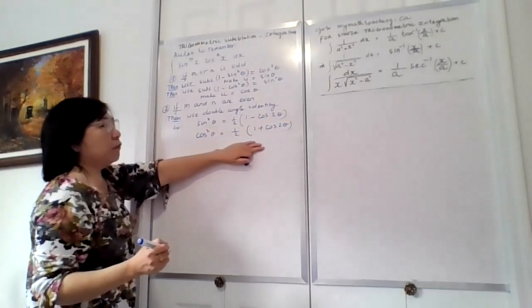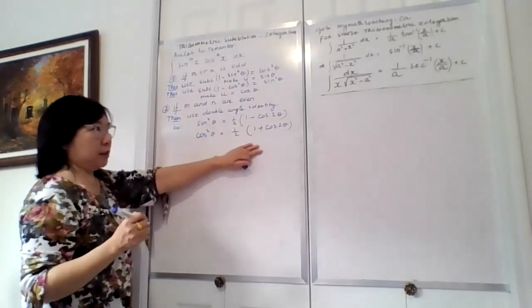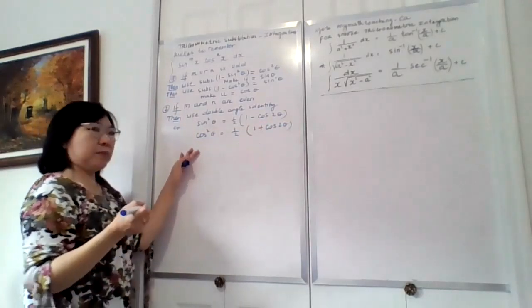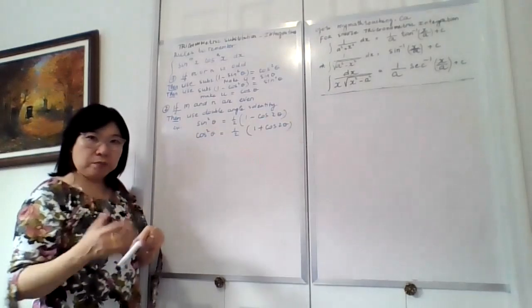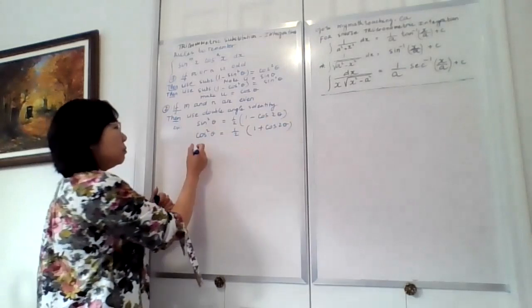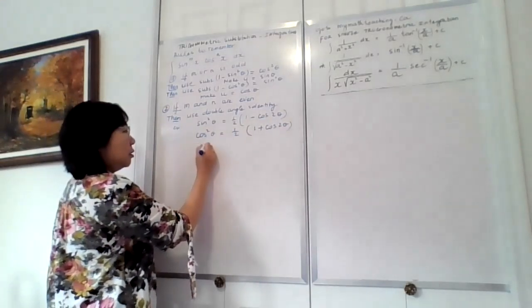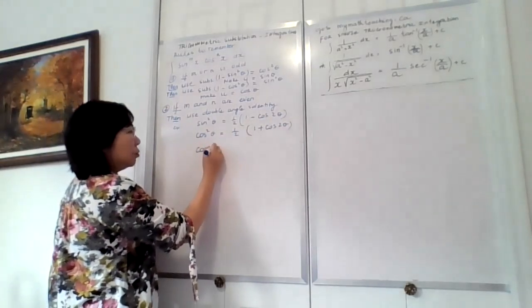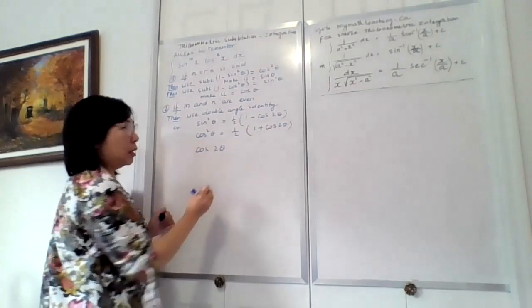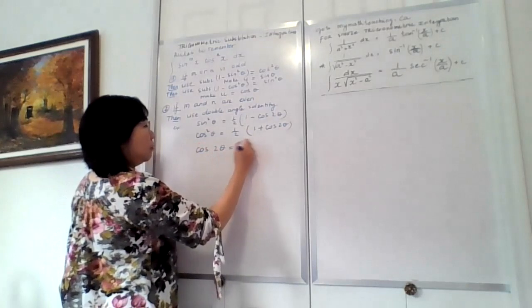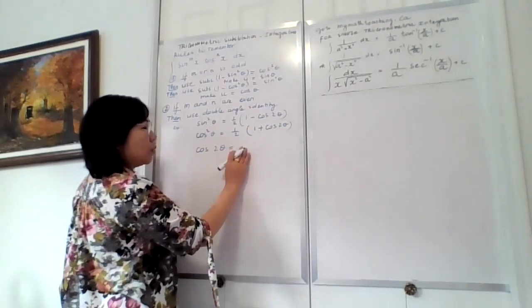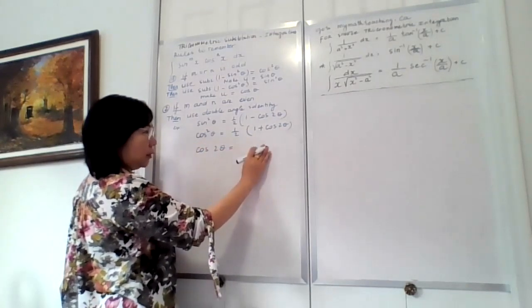Now, this comes from the trigonometric identity. Maybe I should show you, recall a little bit of your memory, right? So if you learned the double angle identity, you know that cos 2 theta will be equal, the first formula will be cos square theta minus sine square theta.